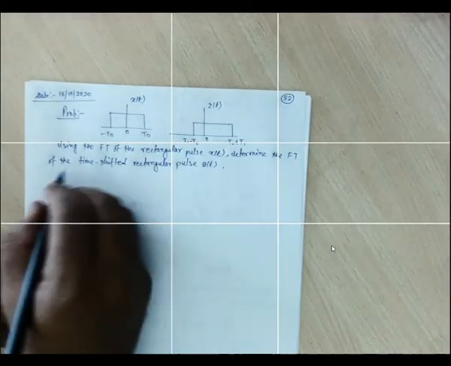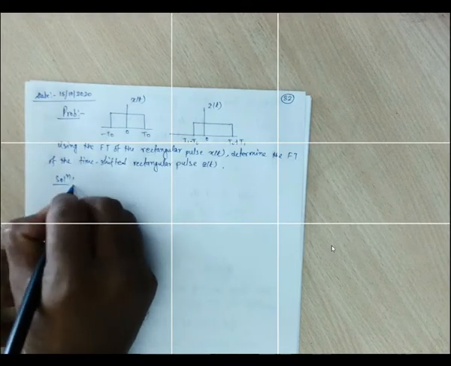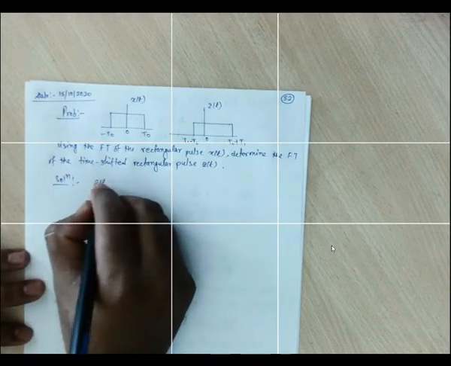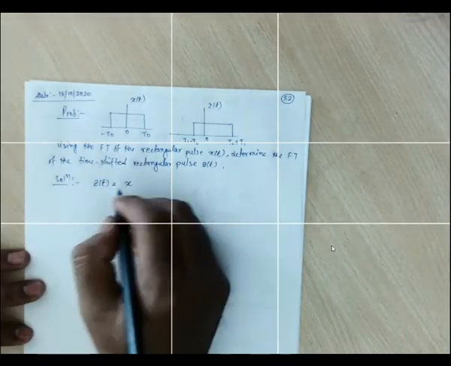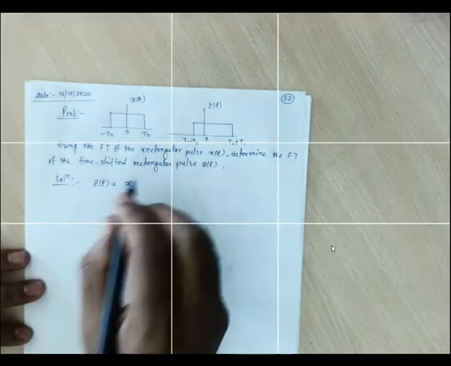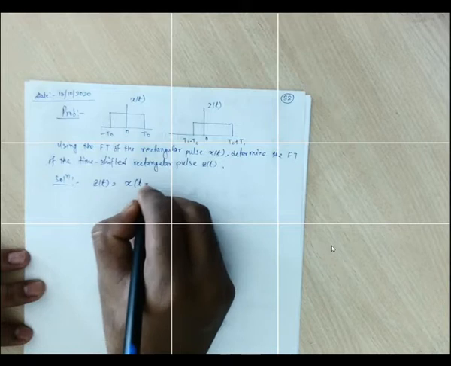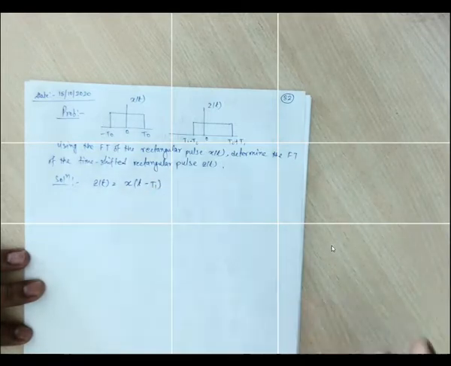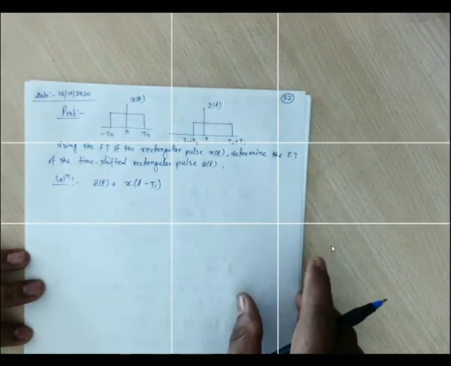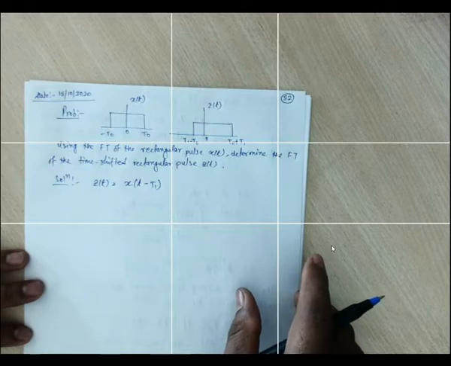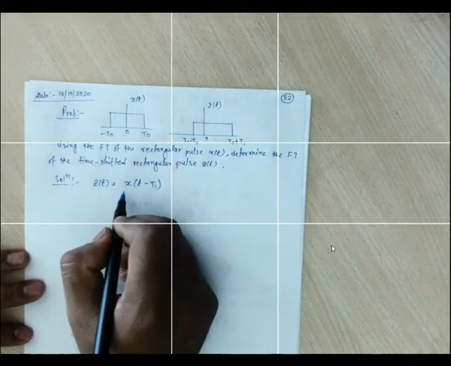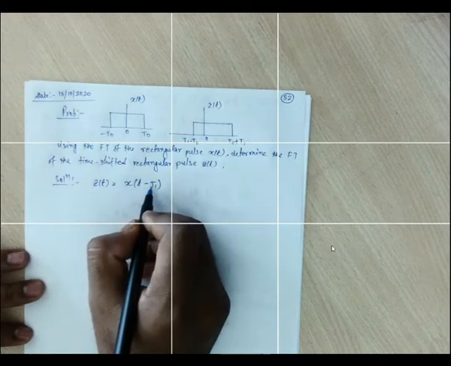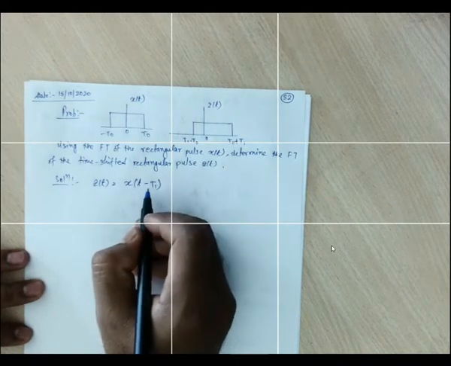So what does it mean? If you go with the solution, this z of t, we can say it is time shifted version of this x of t, and this time shifting parameter is t1. So we can say it is t minus t1, right? So the time shift property implies that this Z of j omega will be e to the power minus j omega t1, this is the parameter, into X of j omega.